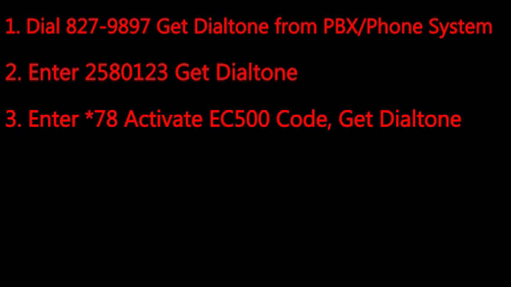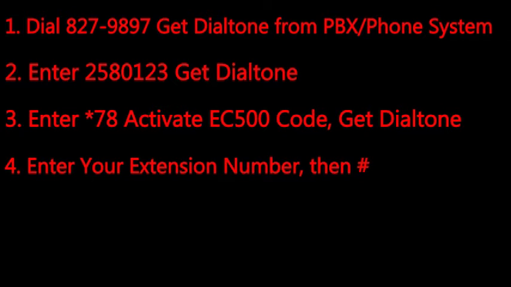The third step is to enter *78, which is the Activate EC500 code, and then, you guessed it, you'll get a dial tone. Then enter your extension number and then the pound sign. Finally, you'll hear an acceptance tone to indicate that the process is completed.